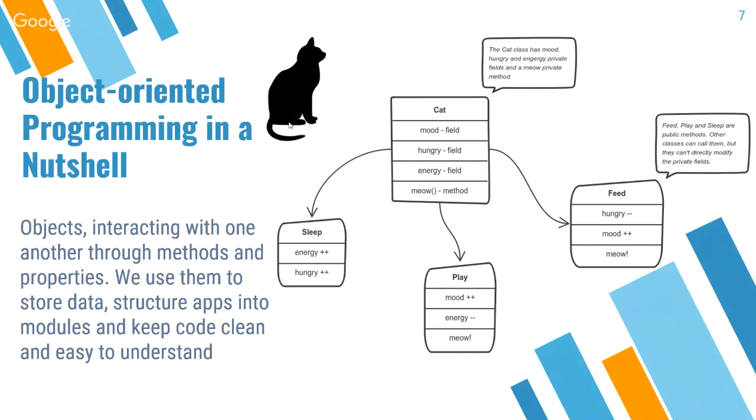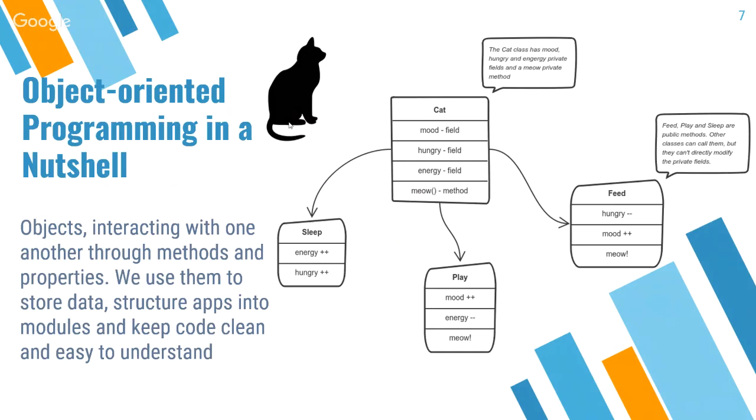Here we have an image of 4 objects: the cat object, the sleep object, the play object, and the feed object. Here, the cat object interacts with the others to help enhance itself and change its properties.